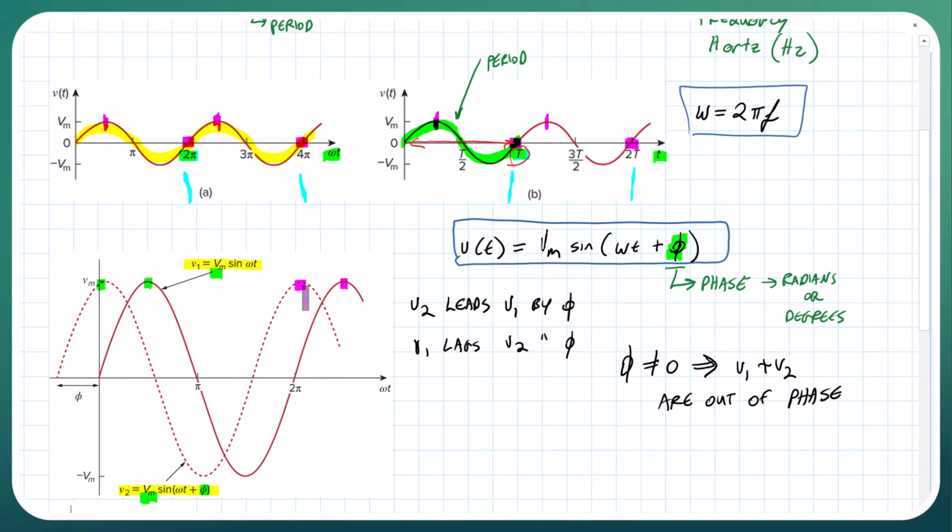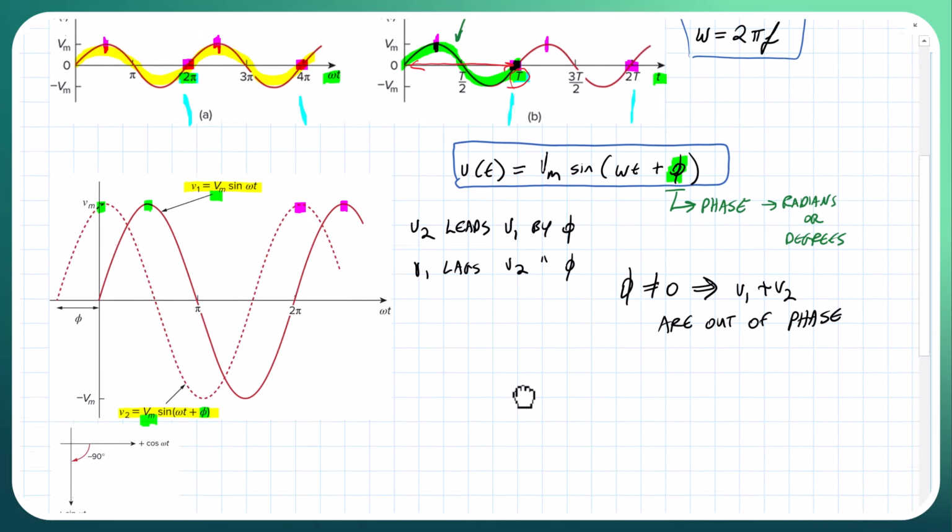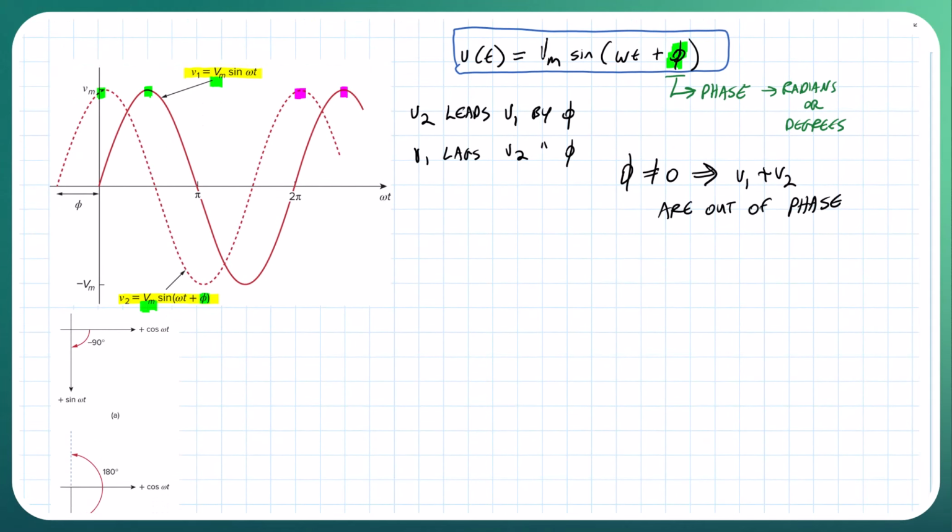One thing about sinusoids, as you've noticed here, is they can be expressed as both sine and cosine functions, and the difference between sine and cosine is just a phase shift, and then you can convert between the two.